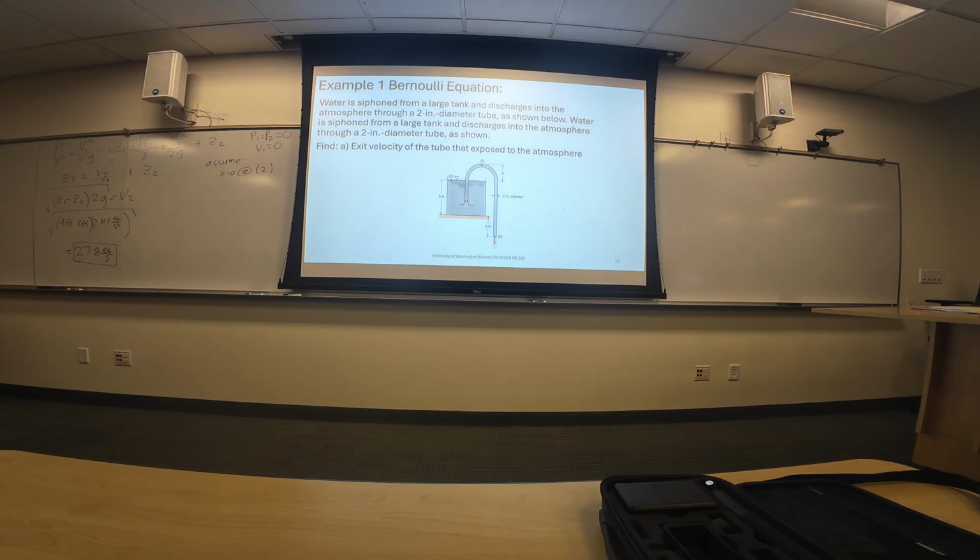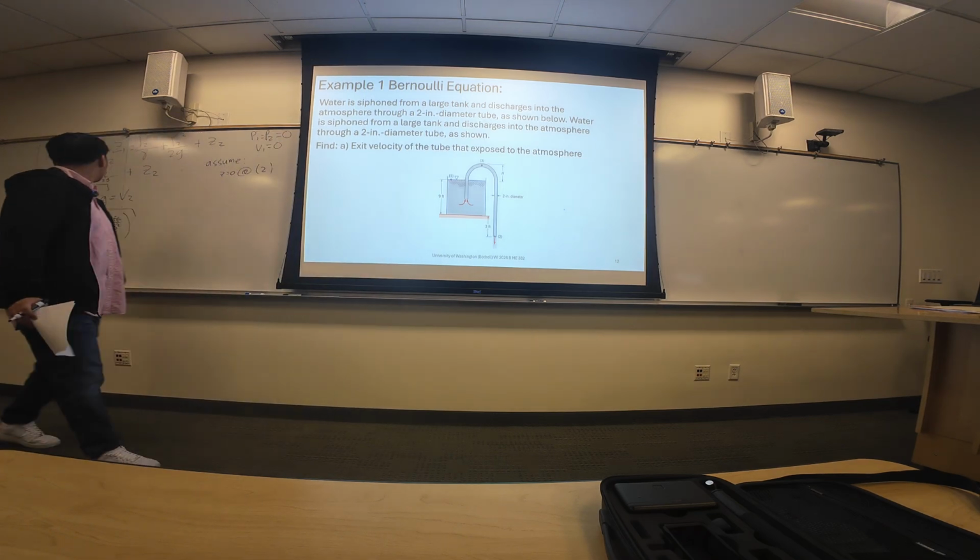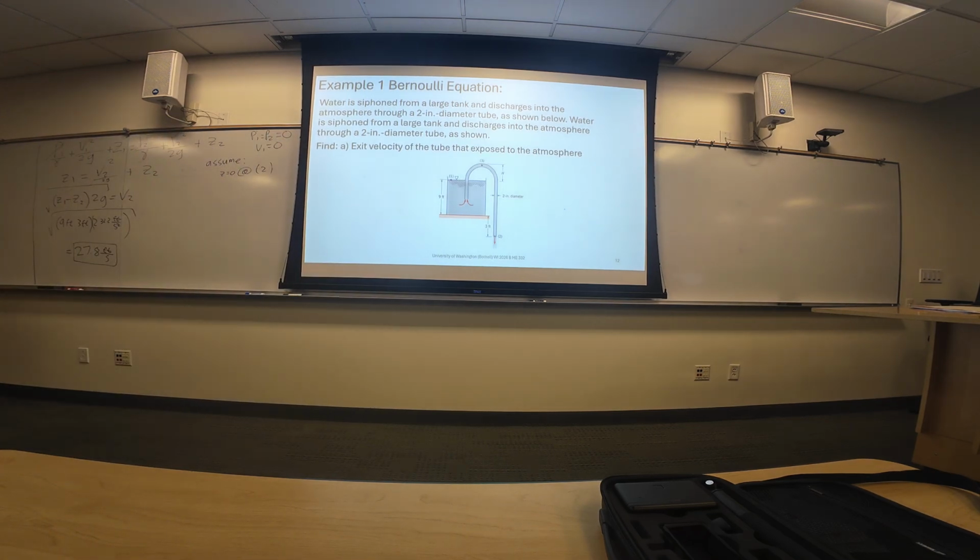So actually, no. Let's set it to 1. That makes more sense. Because if you set it to 1, it would be, because it still needs to be the distance difference there.